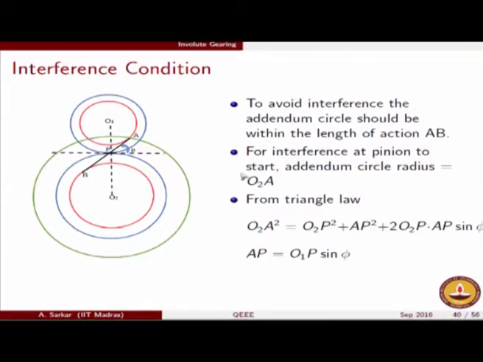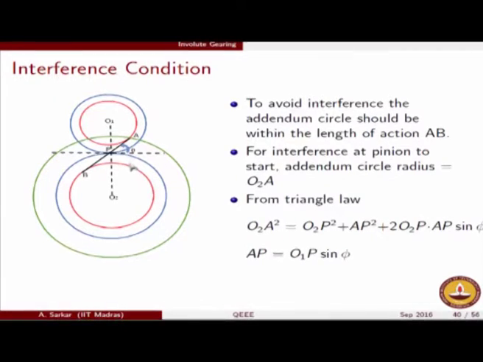So to analyze this problem, we take recourse to our trigonometric formulas. If you apply the triangle law, which is the cosine law that you would have studied in high school, to this triangle O2PA, then O2A square will be O2P square plus AP square plus 2 times O2P into AP into sine phi.